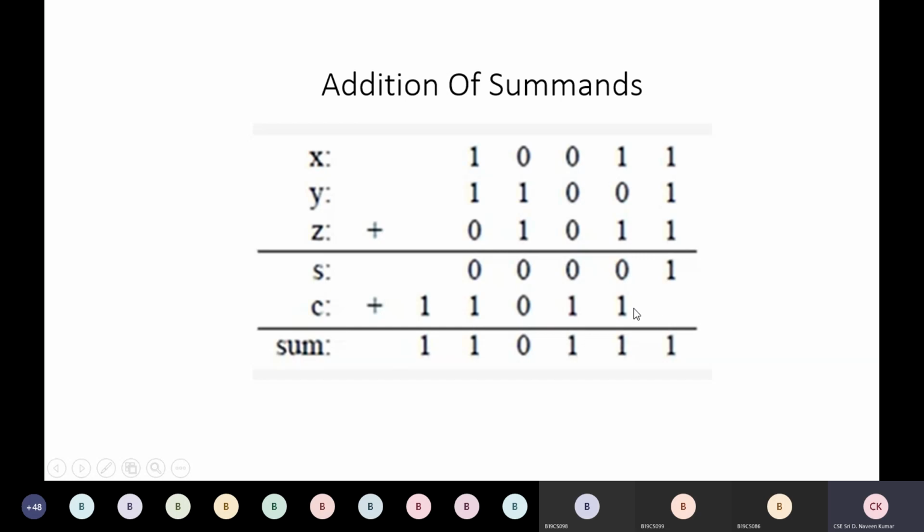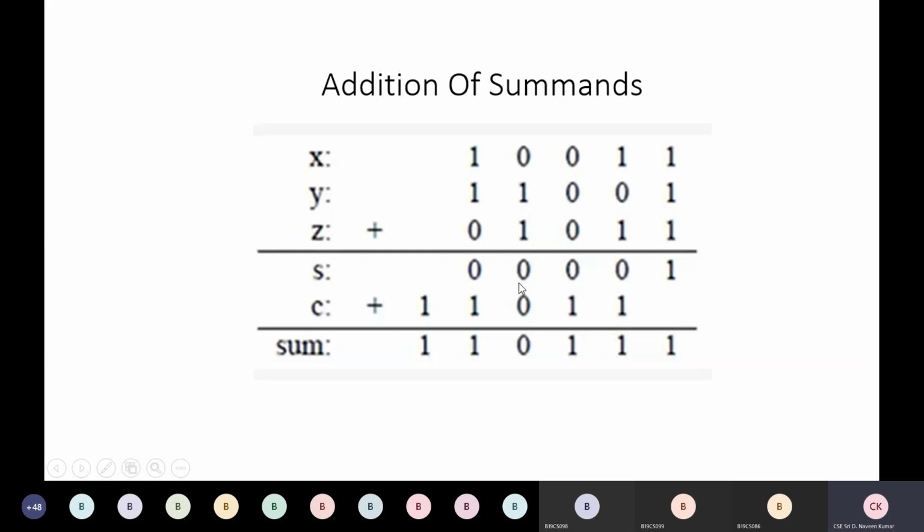And now we will add these two numbers as per normal addition. We will have a carry, and we add that carry to the next pair. So you can see this is normal addition: if we have 1 1, we pass the carry here and the carry gets added.